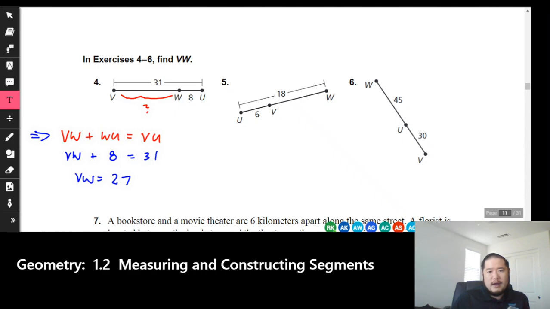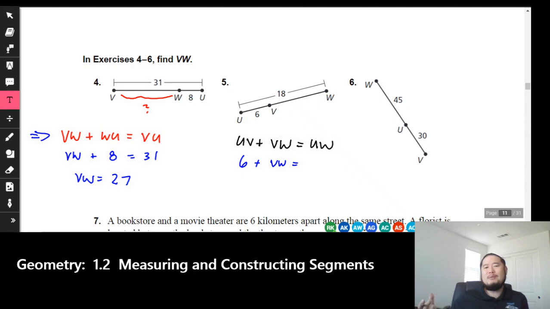Take a look at number 5. So once again, setting things up, we have segment UV plus segment VW is equal to UW. We'll substitute things in. UV is 6 plus VW. That's what we're solving for. We'll leave that there.